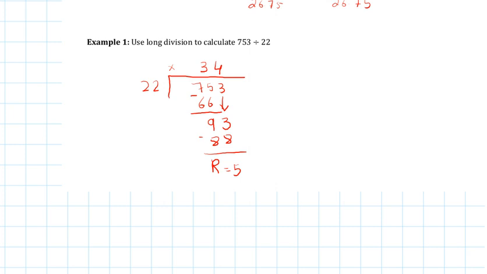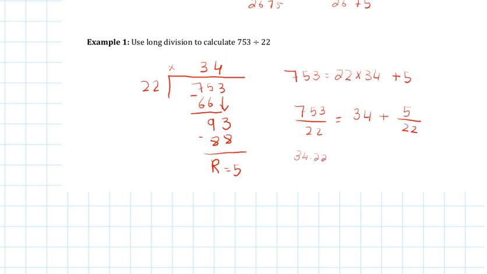Now, if I want to write an equation for that, I can write it in 2 different ways. I can say that 753 is equal to 22 times 34 plus 5. Or I can write it as a division statement: 753 divided by 22 equals 34 plus 5 over 22.